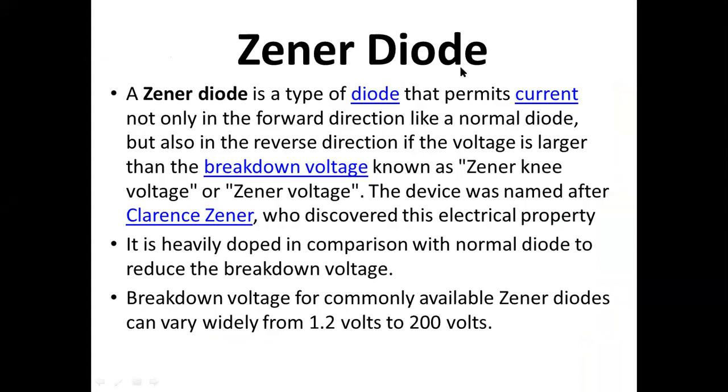It is also a PN junction diode only. So Zener, Clarence Zener, he derived it, and the diode application for regulation purpose he derived that one. For that reason, his name was Zener, and the device is a diode, that is called Zener diode we are going to use here.